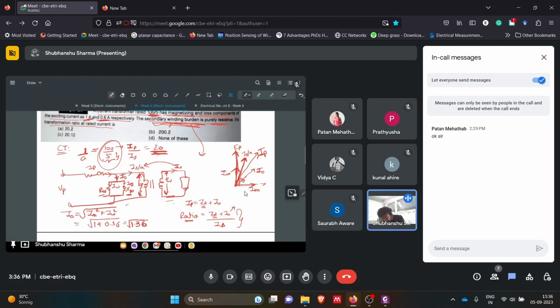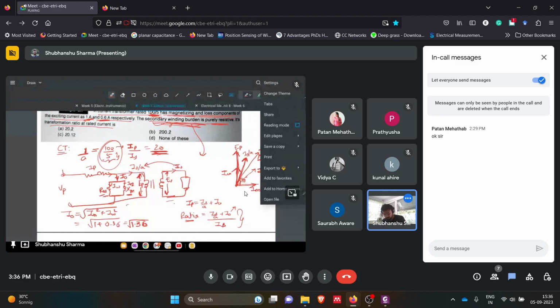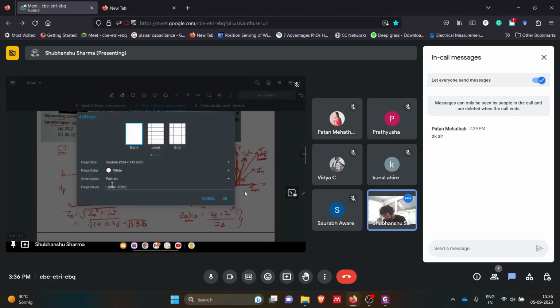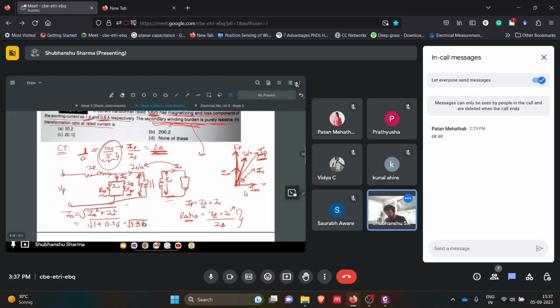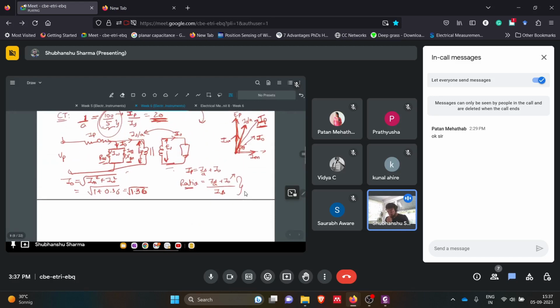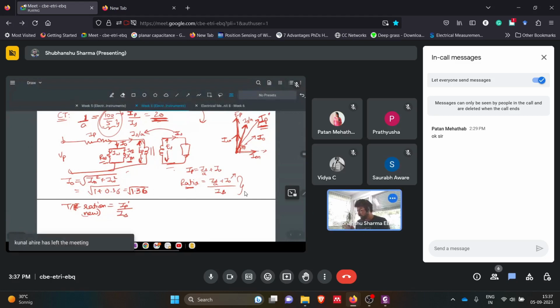We need to calculate this IP so that we can find the new transformation ratio, let's say IP prime by IS.